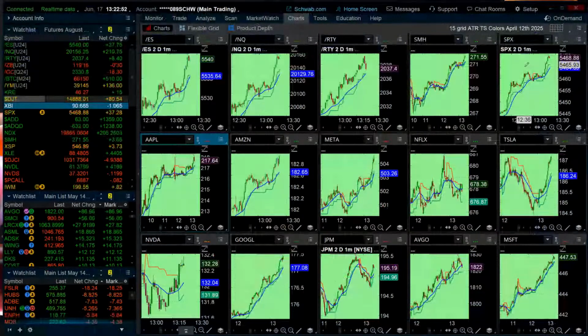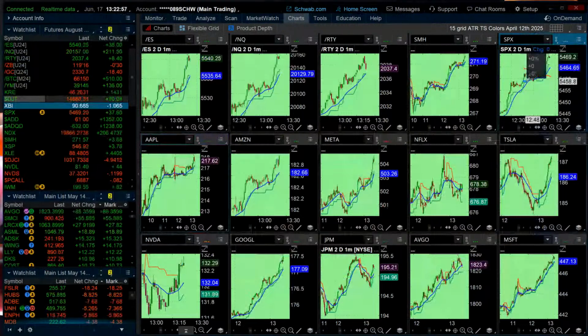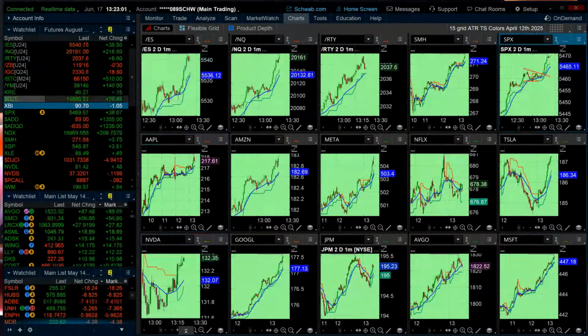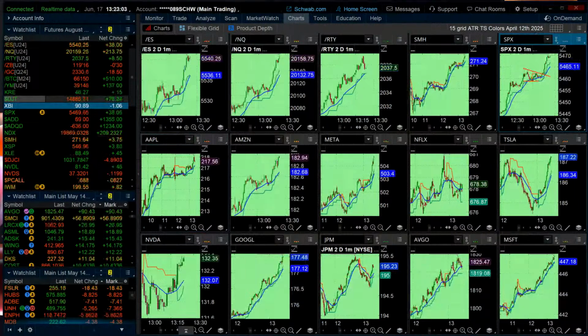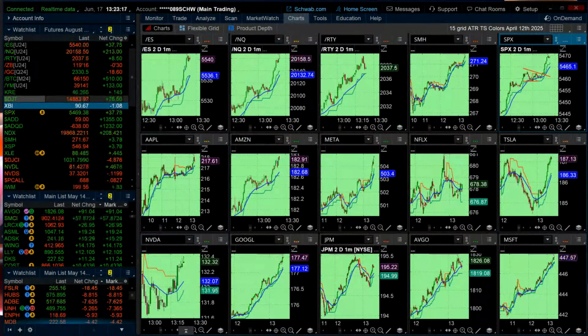You betcha. I was playing individual stocks instead. Right there. So that's why we're doing that. So that's where we are with these.